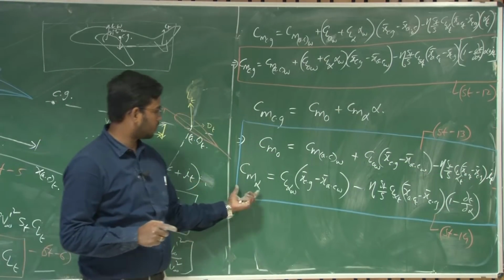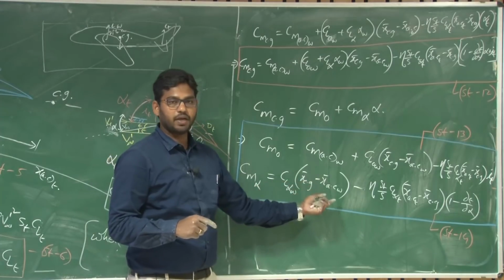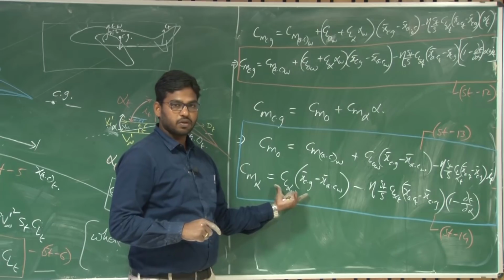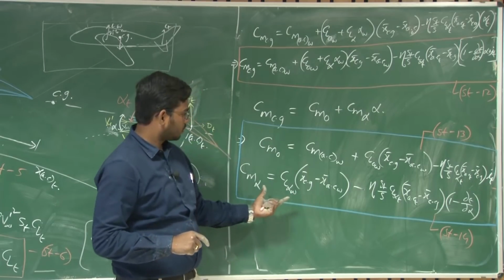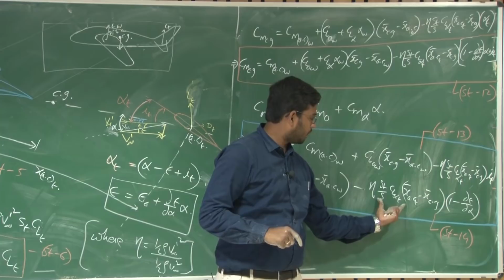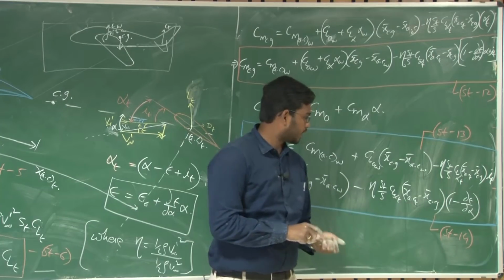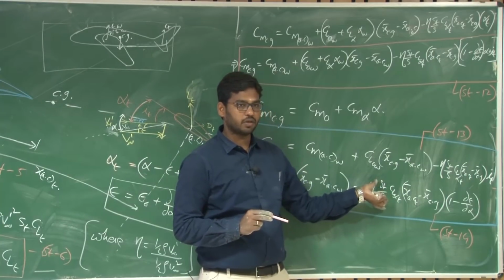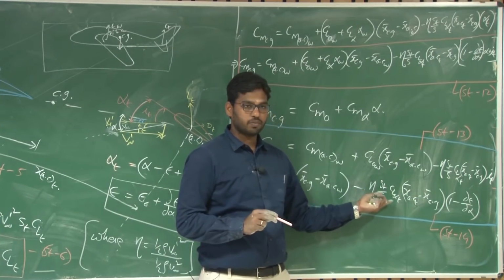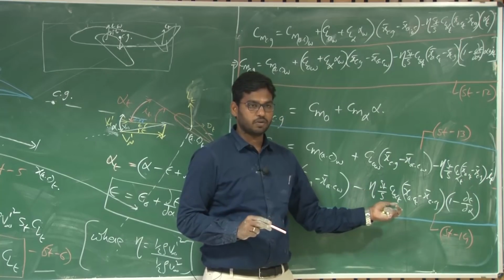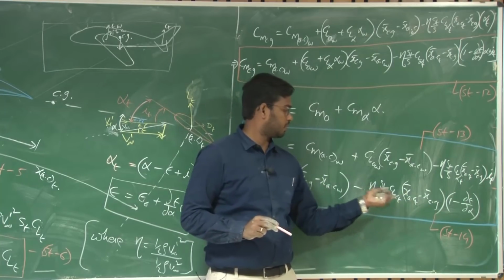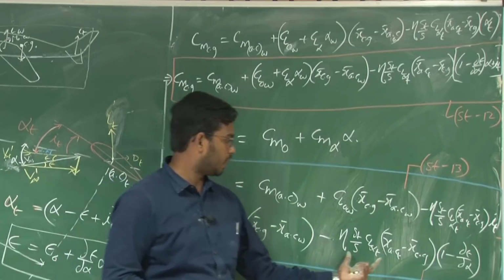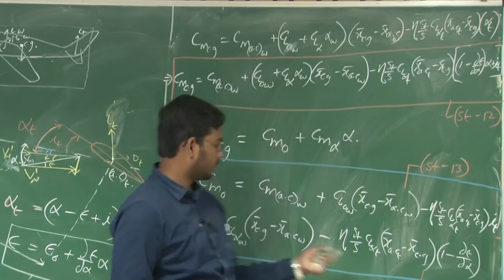What happens in this case? Cm alpha, say if the CG is behind the aerodynamic center, this is positive, CL alpha of wing is positive, so this particular term is positive. So I need to have enough distance, x AC of tail minus x CG, and the corresponding tail volume ratio here, right, which is multiplied by St by S. This non-dimensional moment arm multiplied by St by S is the tail volume ratio, so you should have enough tail volume ratio to give a negative Cm alpha.